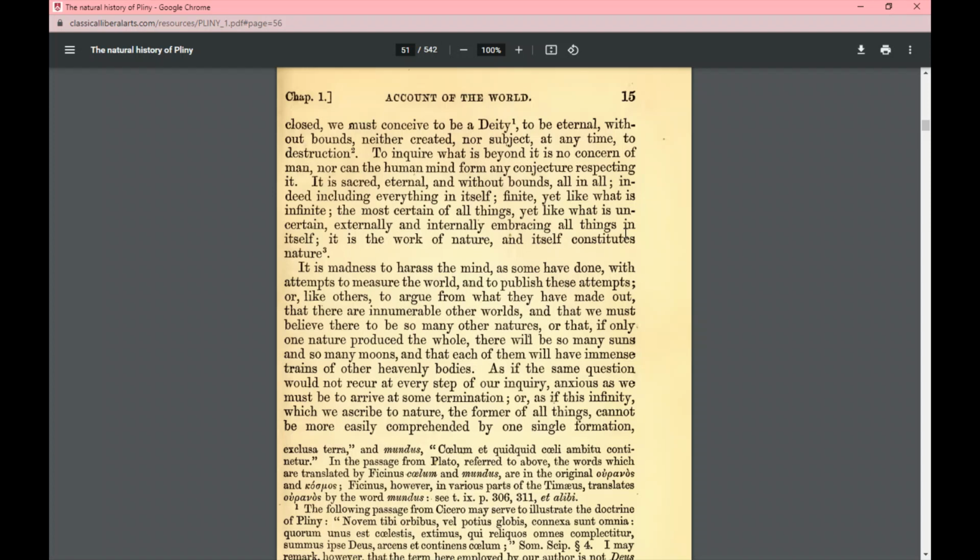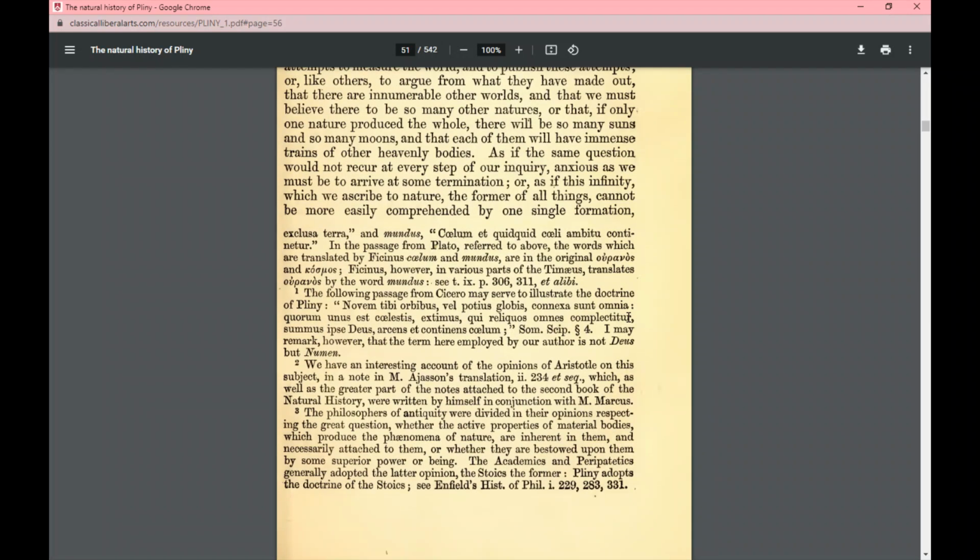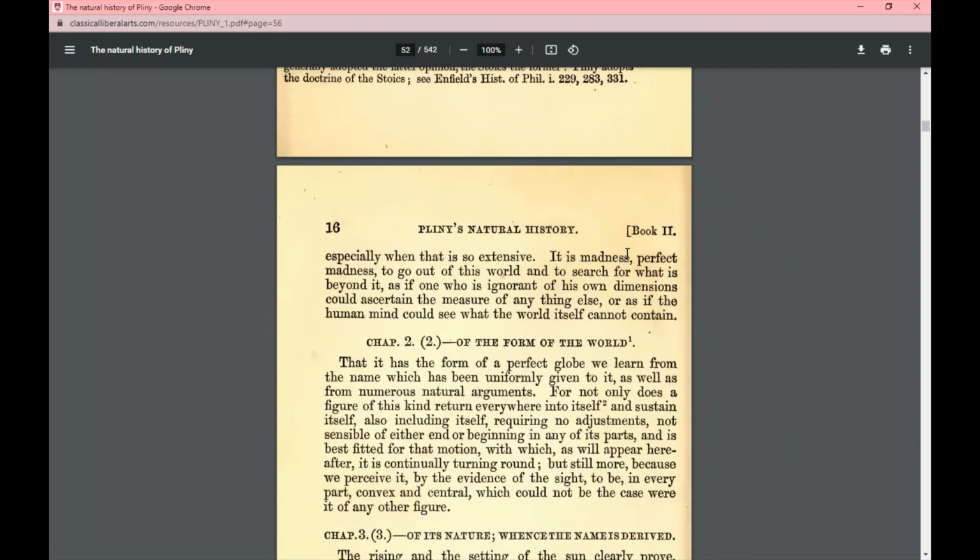Anxious as we must be to arrive at some termination, or as if this infinity, which we ascribe to nature, the former of all things, cannot be more easily comprehended by one single formation, especially when that is so extensive. We can't even explore our own country. We haven't even explored the oceans on our own planet, and yet men talk arrogantly with some kind of confidence, like they've got the heavens all figured out.